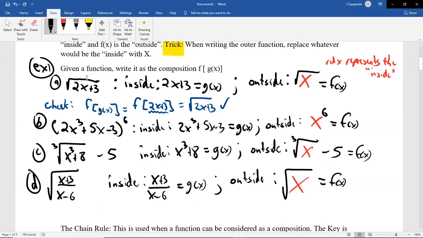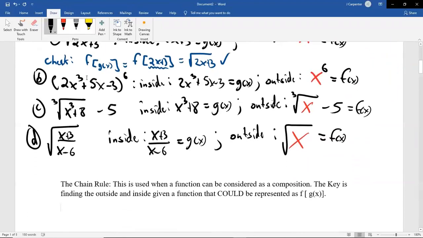Because one thing is inside of another thing, it complicates things, kind of like a product complicates things, kind of like a quotient complicates things. When you have this outside and inside stuff, you have to chain derivatives. You're going to be doing what's known as a derivative of the outside and a derivative of the inside.